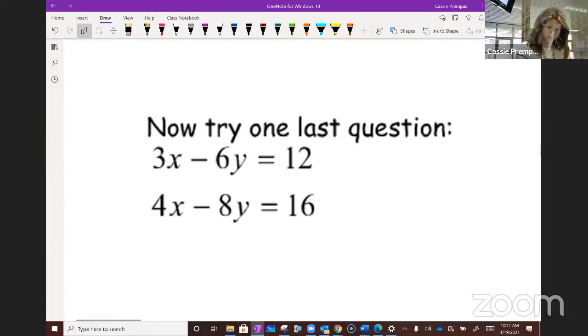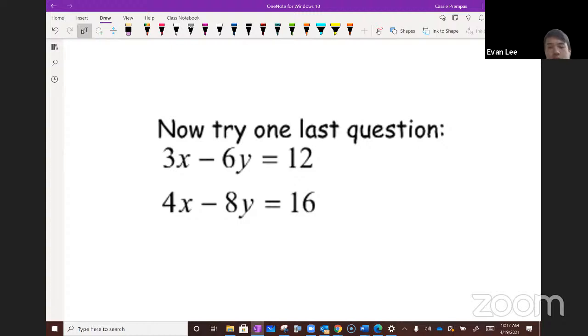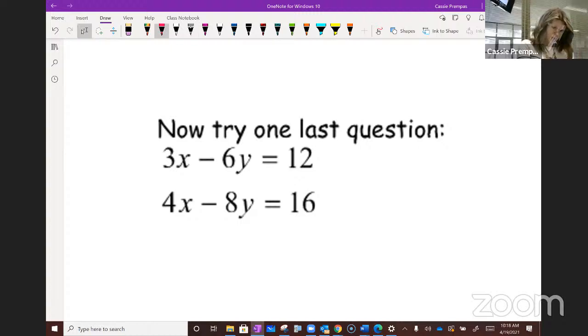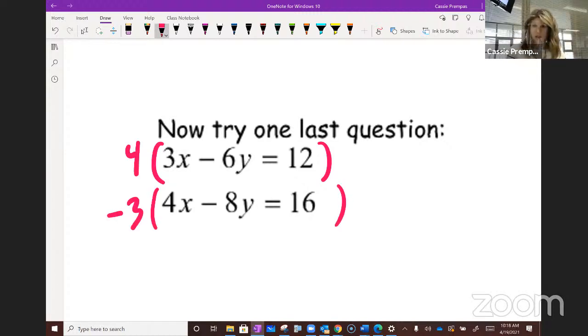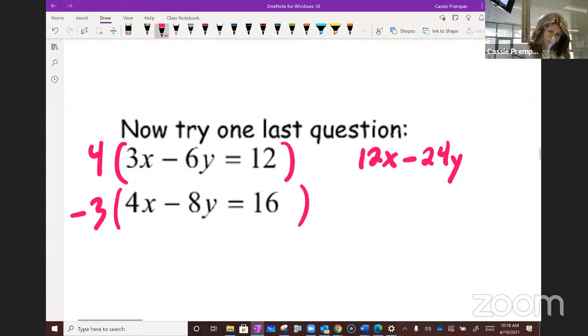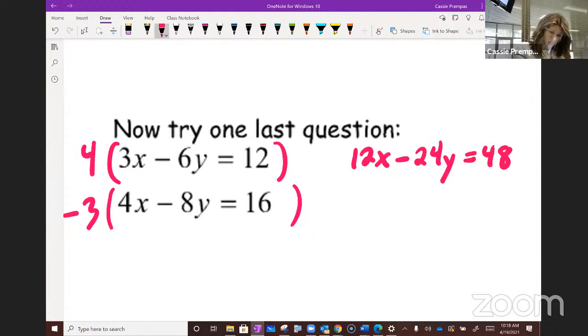So I'll start this one off. I'll use elimination, and I'll multiply the top one by 4 and the bottom one by -3 to eliminate x. So that would give me 12x minus 24y equals 48.